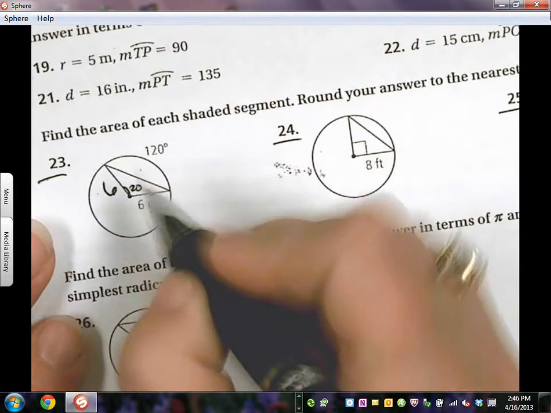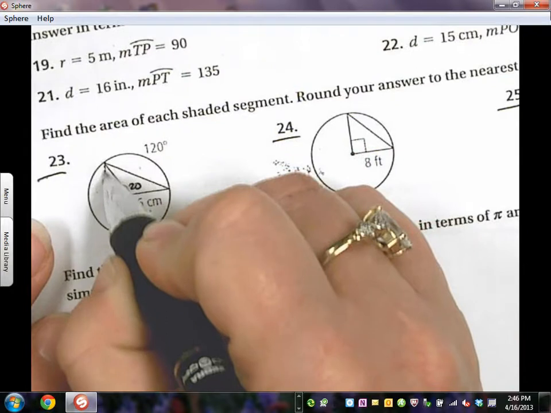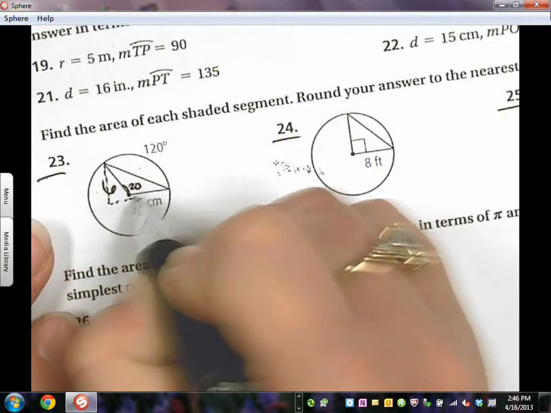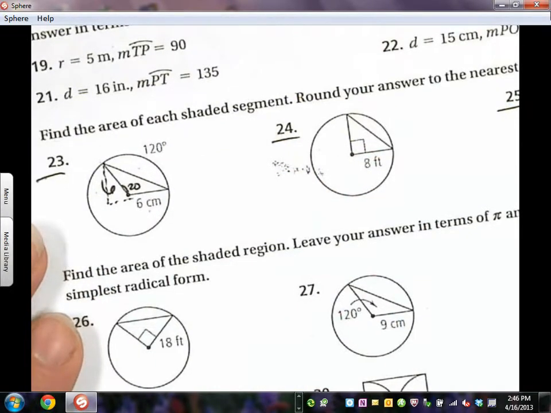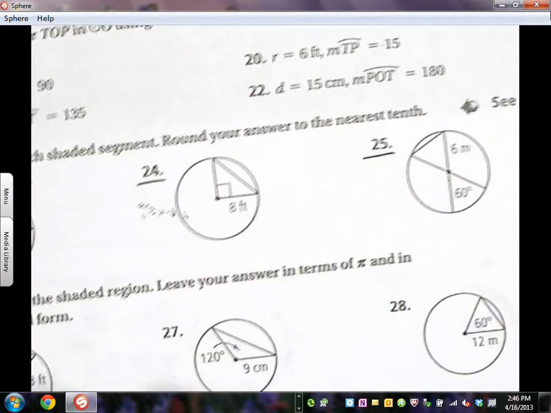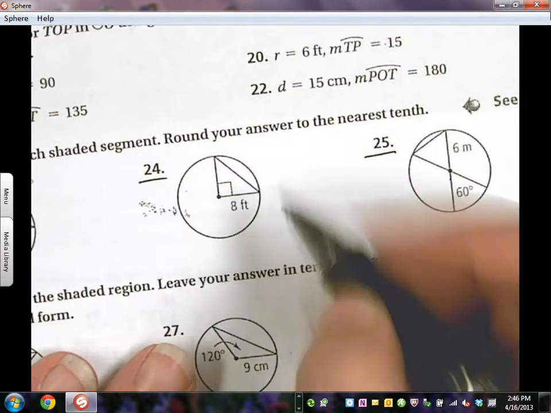I need to find a height of this triangle. So I'm going to have to figure out a right triangle in there. Let's go ahead and do 24, and I'll come back in a minute and do 23. I have to kind of look at it when I'm not on camera. I get a little nervous.